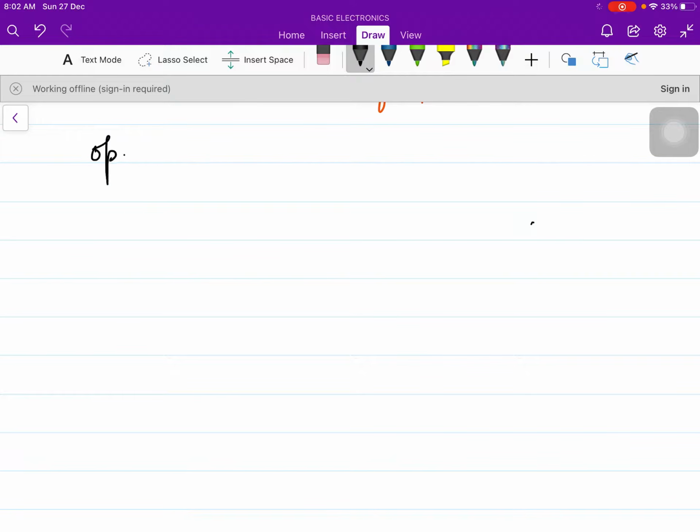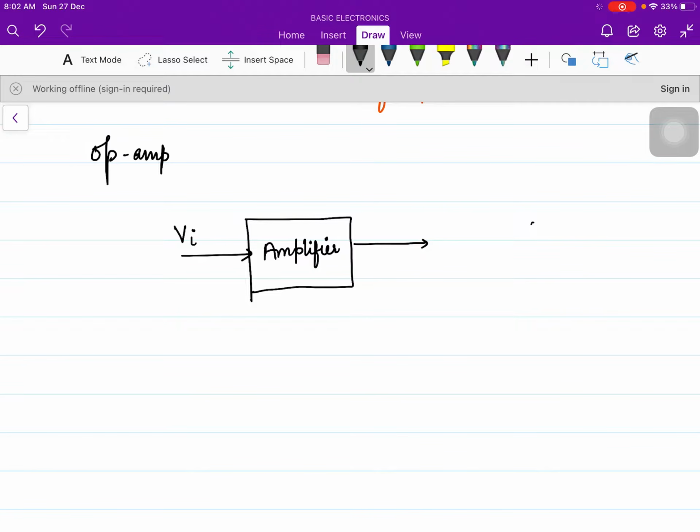So before moving on to the operational amplifier definition, first of all recall a concept. For example, we have an amplifier. So what is the function of an amplifier? An amplifier increases the strength of the input signal. That means if you are giving an input signal Vi, then you will get an output signal V0.